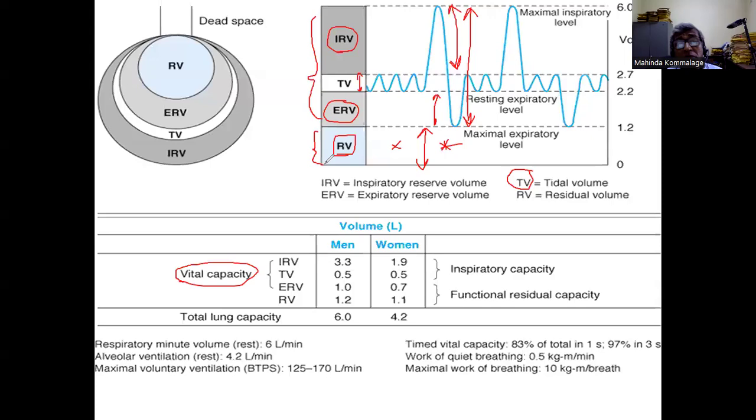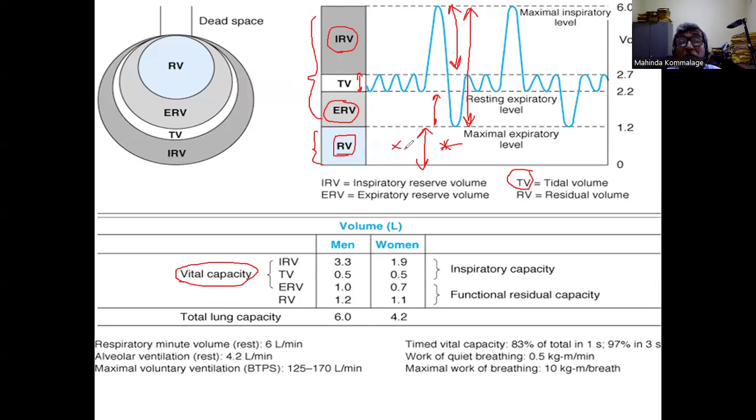Using an instrument, we can measure tidal volume and vital capacity. Residual volume, of course, we can measure, but it's not easy, because that's the one remaining inside the lungs.